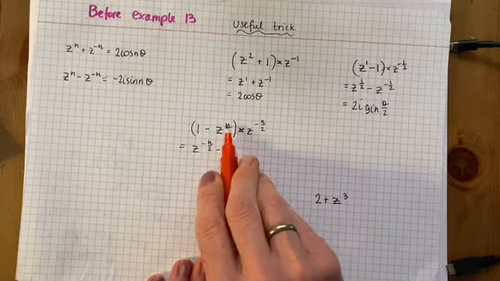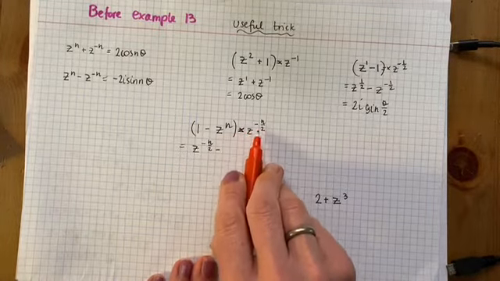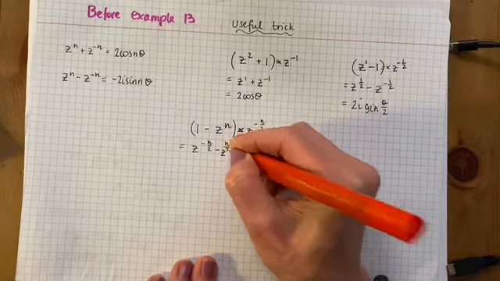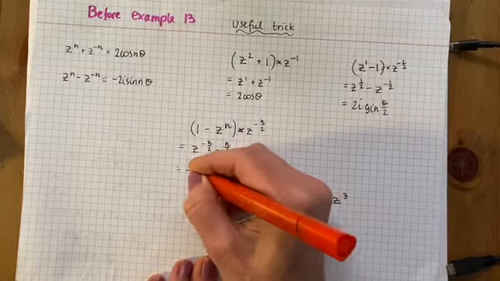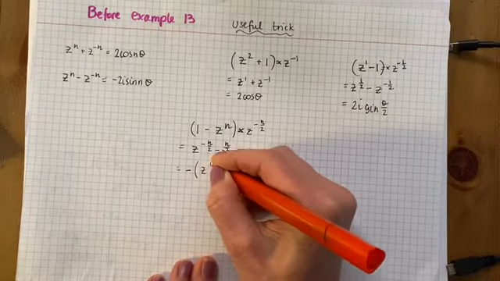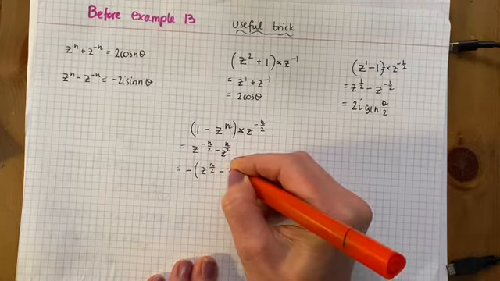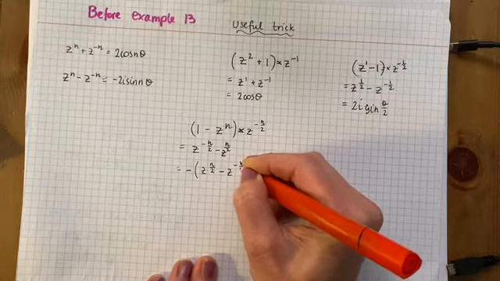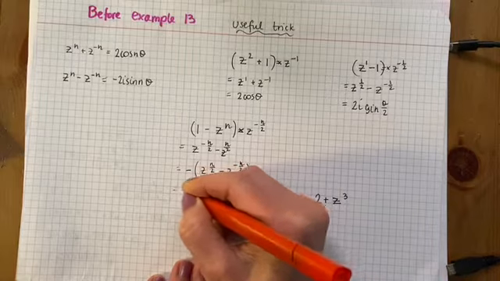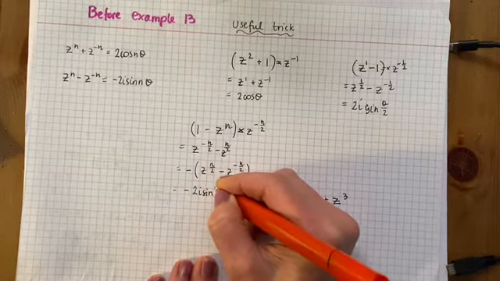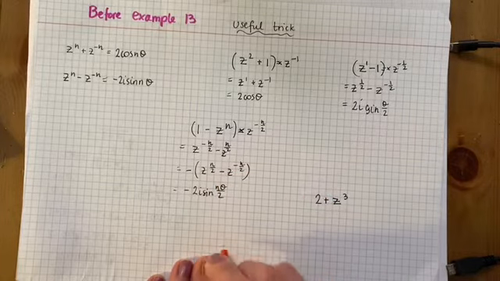Adding 1 plus minus a half n gives you n over 2 as the power. So this one, if you take the minus out, you have z to the power of n over 2 minus z to the power of minus n over 2, which gives you minus 2i sine n theta over 2.